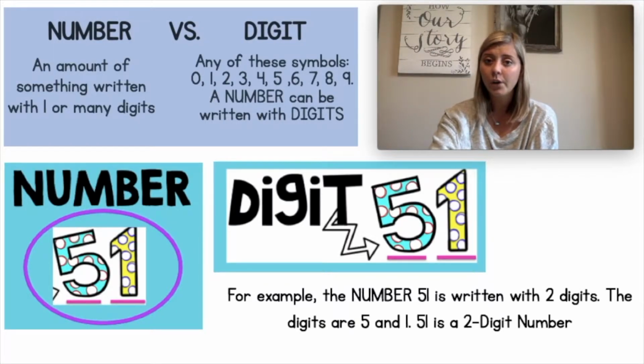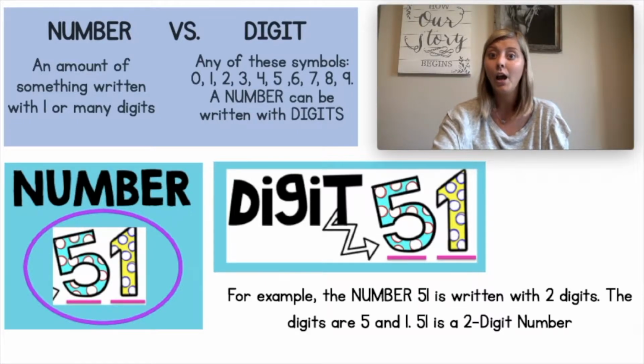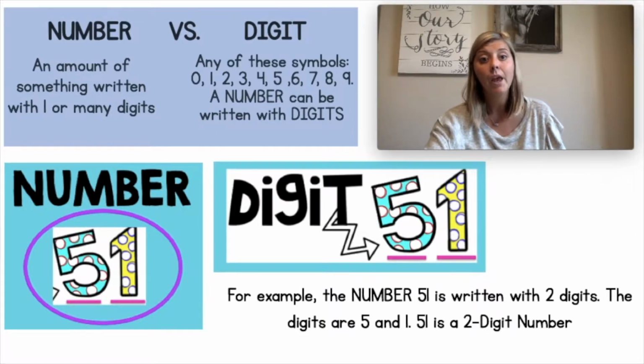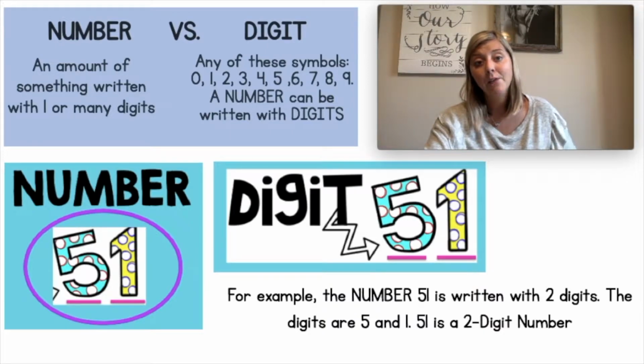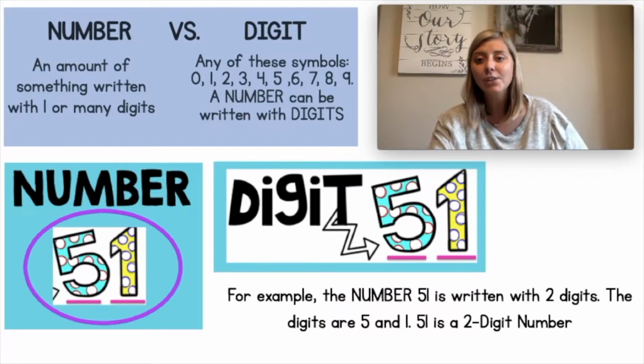So we're going to do our vocabulary first, and the first thing that we need to do before we get started with actually adding and subtracting is we need to understand the difference between a number and a digit. A number is the amount of something written with one or many digits, and a digit is a symbol.